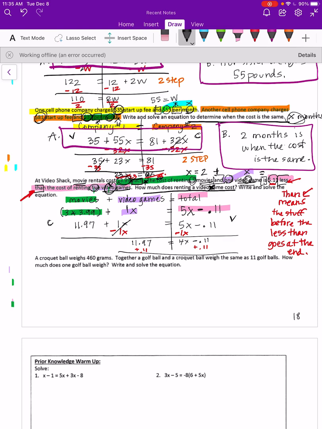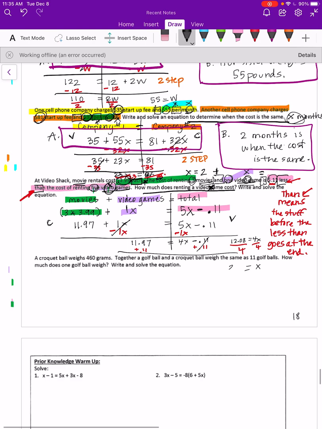And then I have $11.97 plus 11 cents, which would be, I have to write it over here, I ran out of room, $12.08 equals, these cancel, bring down my 4x, divide by 4, and x is equal to $12.08 divided by 4. Of course, you can use your calculator, which is $3.02.